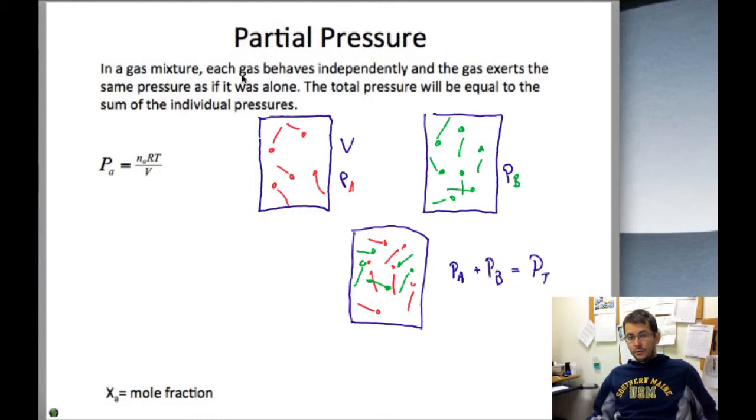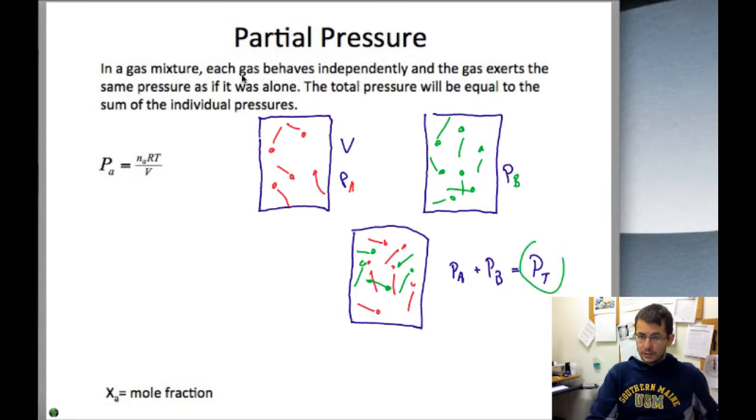Now you can go a little bit further in that if you know the total pressure, even if you don't know each individual pressure, and again, this is applicable to hundreds of gases, you can use information to tease out the pressure of each individual component without directly knowing what it is.